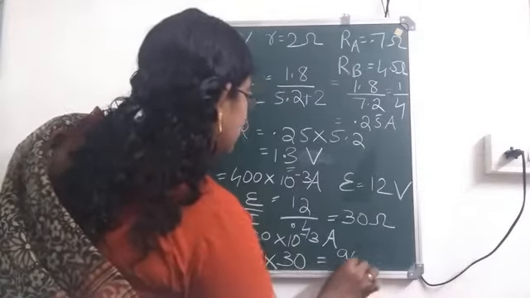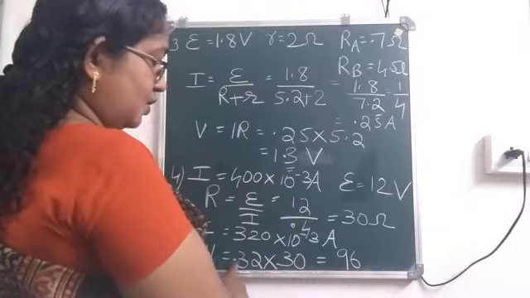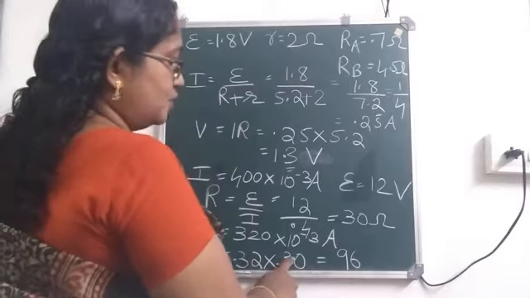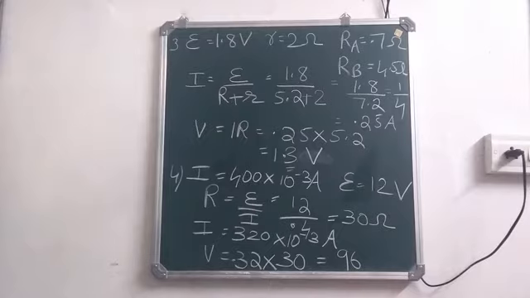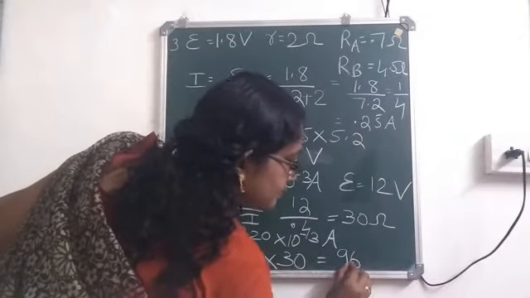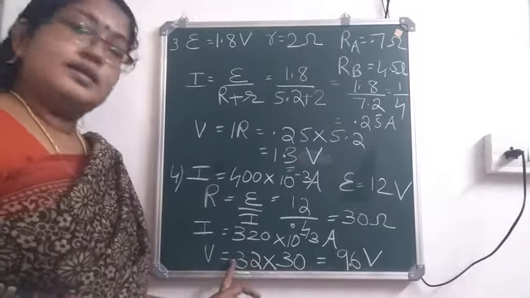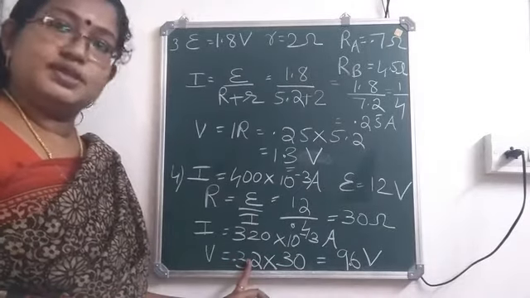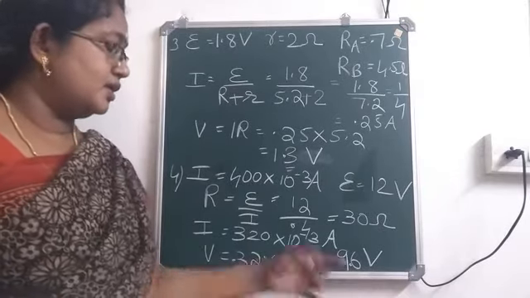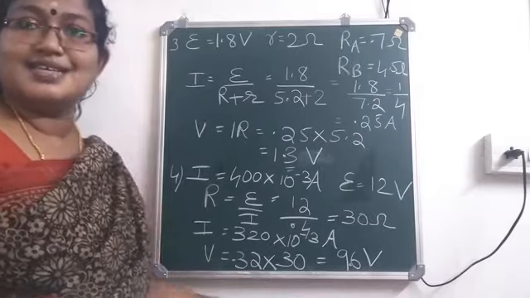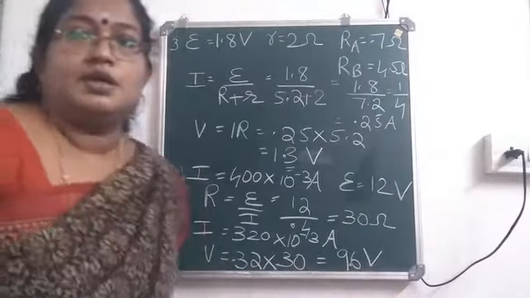How much will you be getting? 9.6 volt. One decimal place is there, so 9.6 volt. Okay. So thank you children.